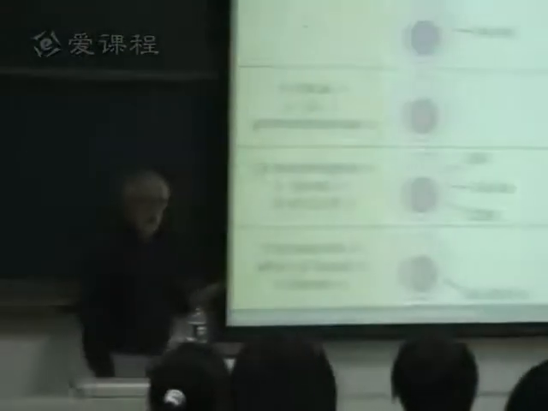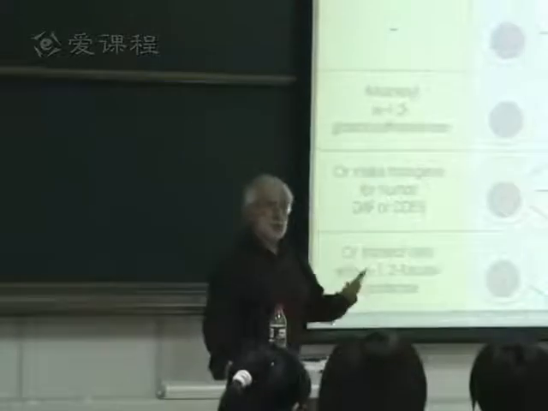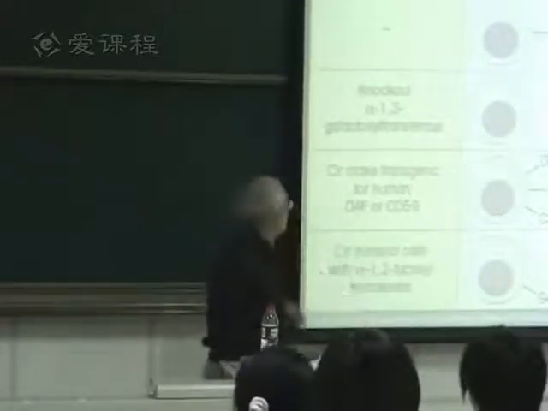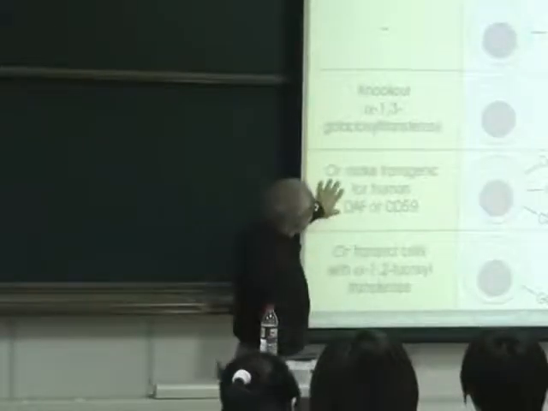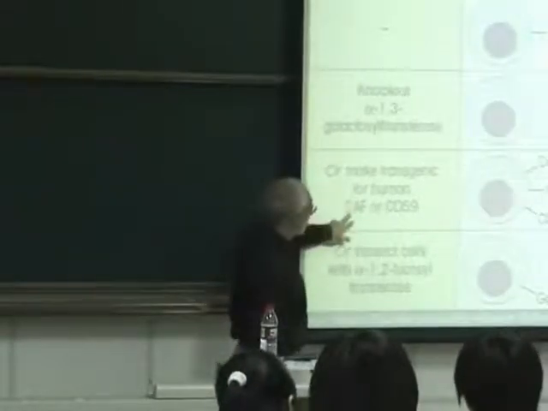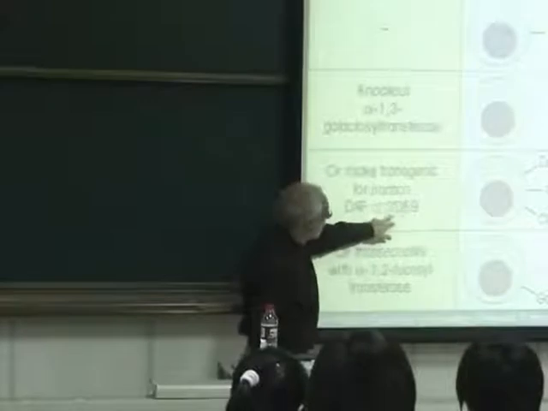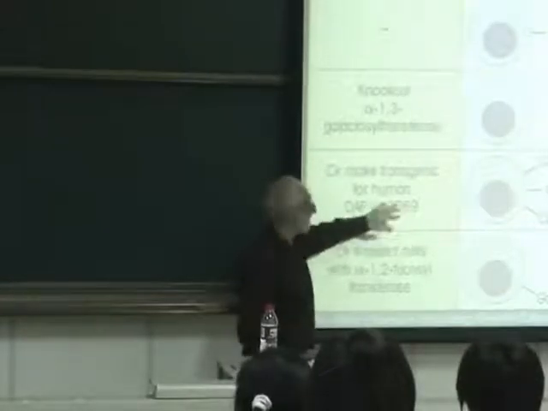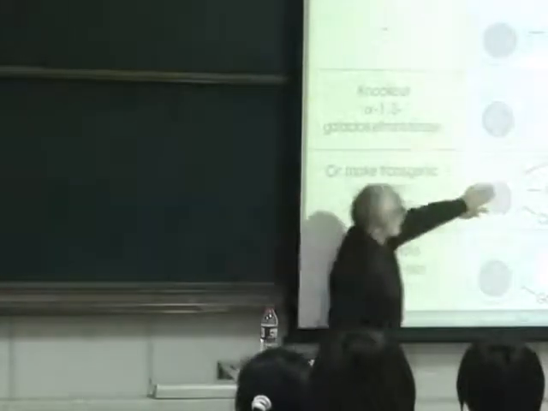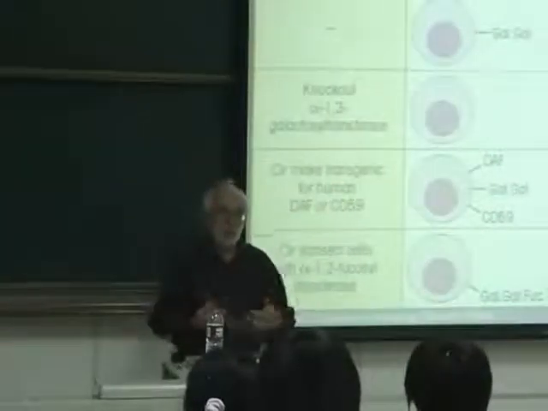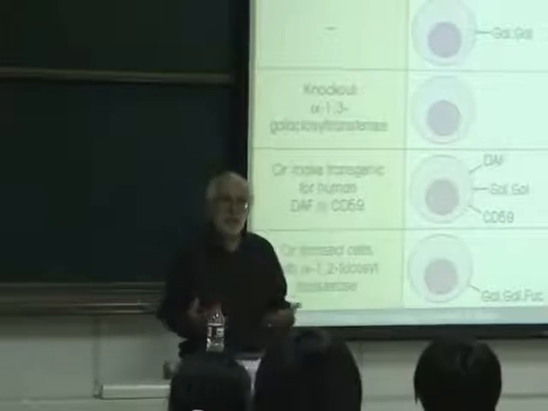Or another approach that people are using, and there are commercial companies that have done this in the hope that they'll be able to sell the organs for transplantation, is to make transgenic pigs where you put in a molecule called DAF, which stands for decay accelerated factor, or another molecule, CD59, one of the CD antigens. Both DAF and CD59 are complement regulatory proteins that prevent complement killing our own cells.